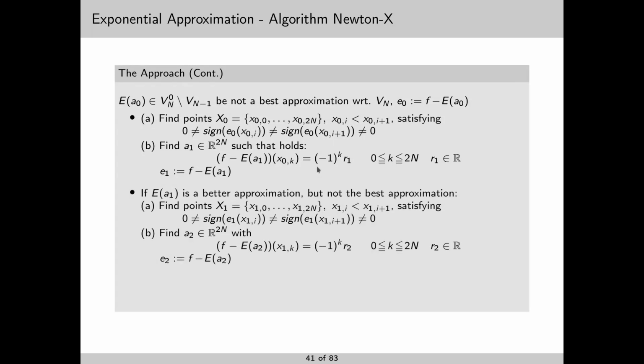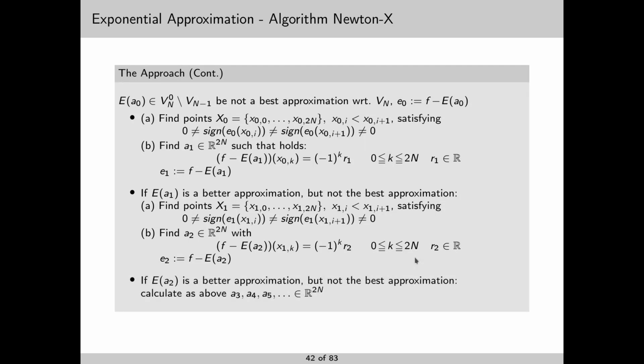If the exponential sum e of a1 is a better but not the best approximation, find a new set x1 of 2n+1 points at which the error function e1 has alternating signs, and find an exponential sum e of a2 with an alternate at these points. And we continue in this way.